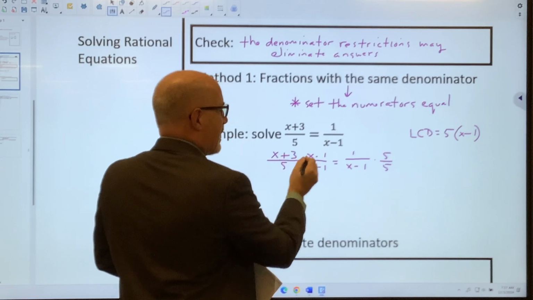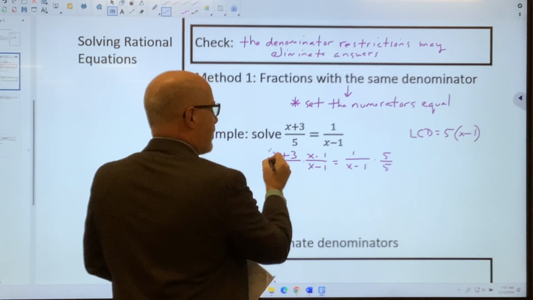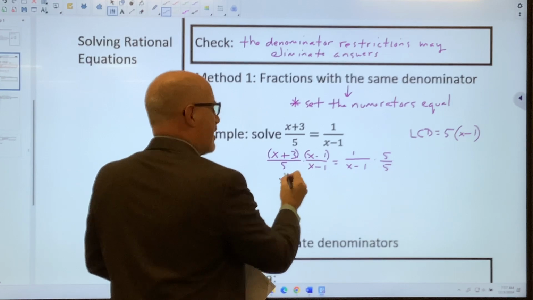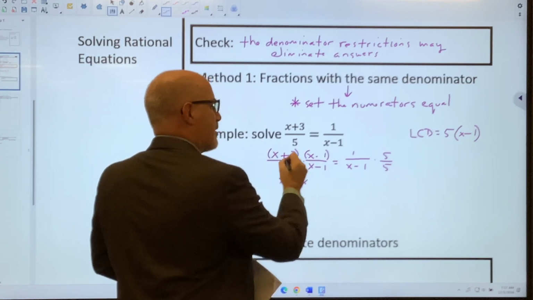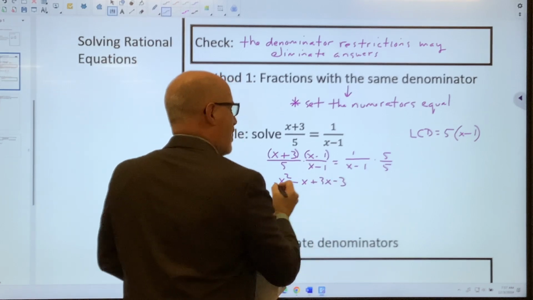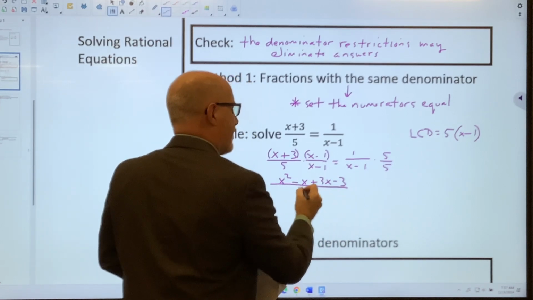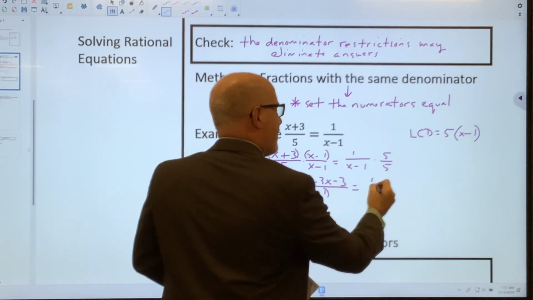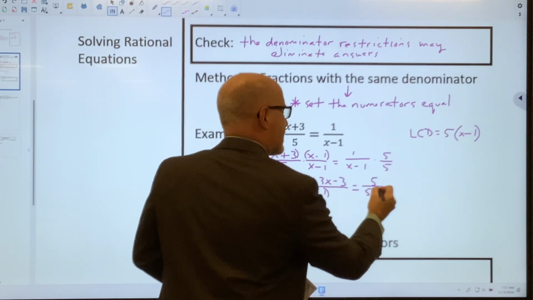When I multiply these together on top, I get x squared minus 1x plus 3x minus 3 all over my common denominator, 5 times x minus 1, equals 5 over 5 times x minus 1.